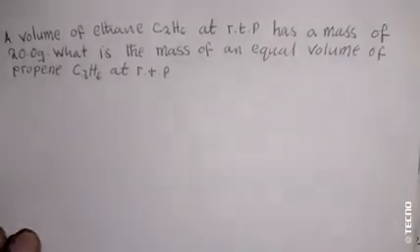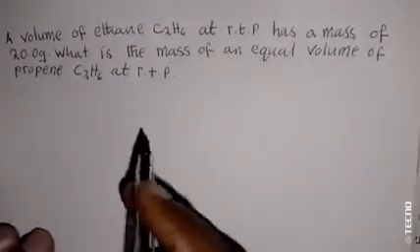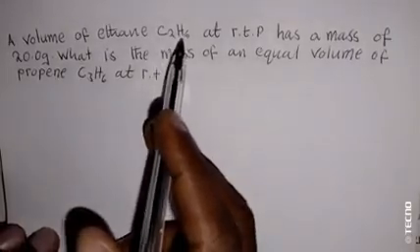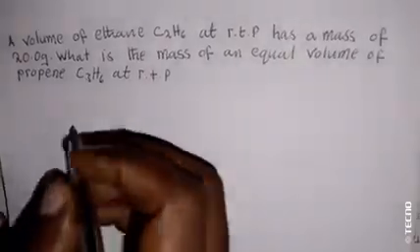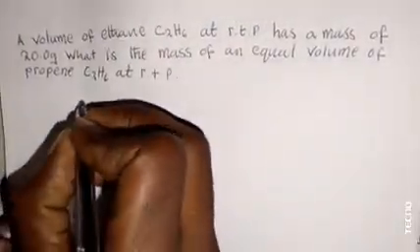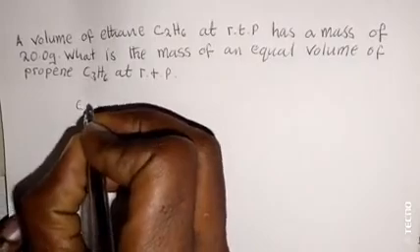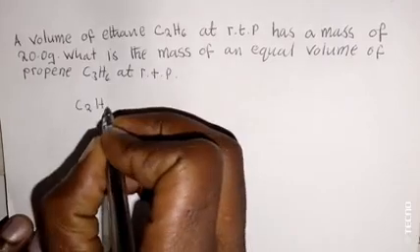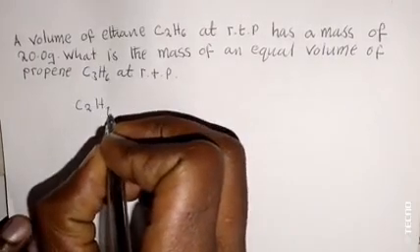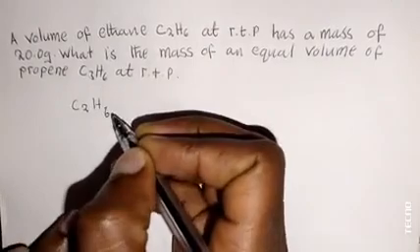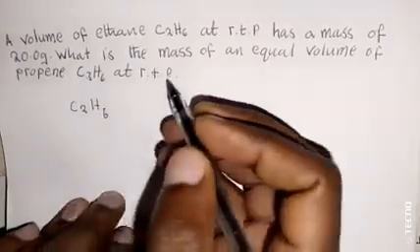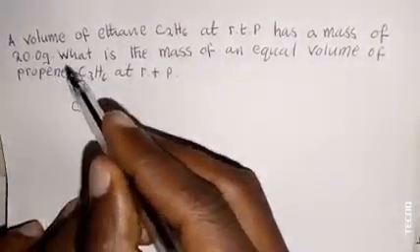In order for us to find the volume at RTP for ethane, C2H6, which has a mass of 20 gram.